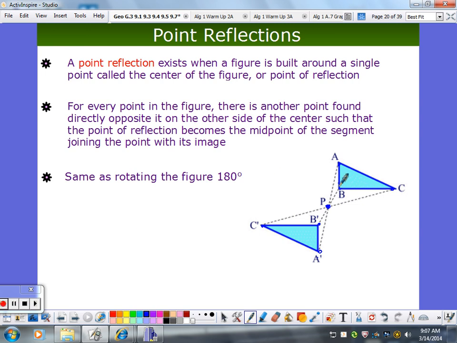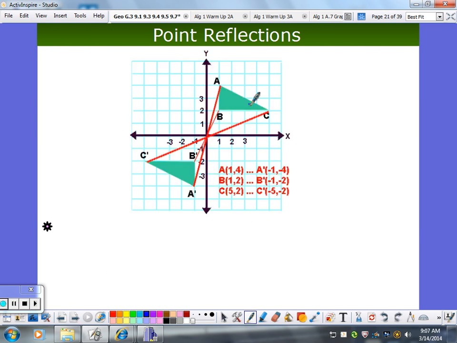Now, we haven't talked about rotations, we will in just a moment, but think about what a rotation does. You're turning it 180 degrees around. So point reflections are the same as rotating 180 degrees. So look at this guy here. Is it a flip? Well, think about it.